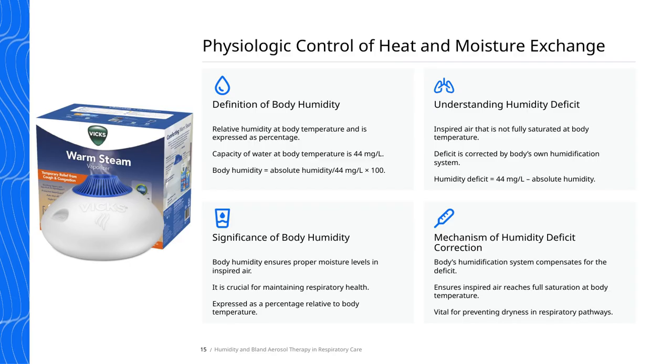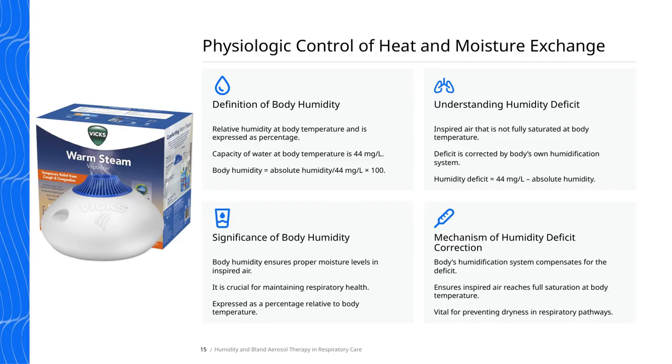The humidity deficit is calculated as the difference between 44 mg/L, which is the capacity at body temperature, and the absolute humidity of the inspired air. Understanding this deficit is key, because it influences how much moisture the body needs to add to the air we breathe. Relative humidity at body temperature is expressed as a percentage, showing how saturated the air actually is compared to its maximum capacity. To determine body humidity, we take the absolute humidity and divide it by 44 mg/L, then multiply by 100.